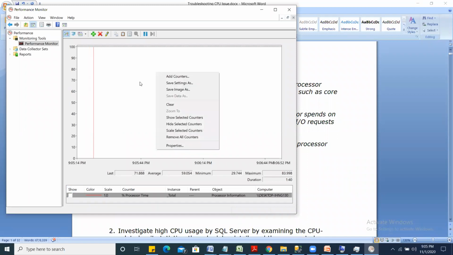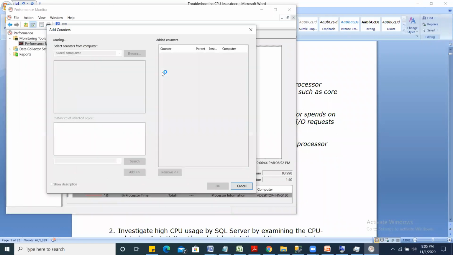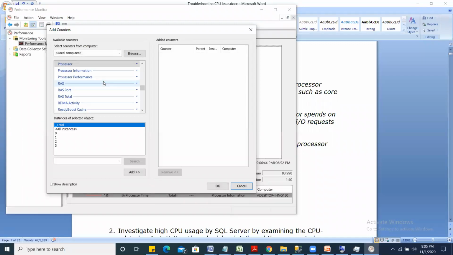Right click, add counters, and look for Processor, which is the default. Expand this.